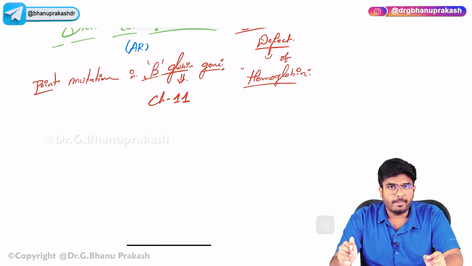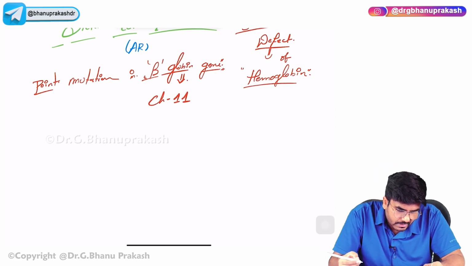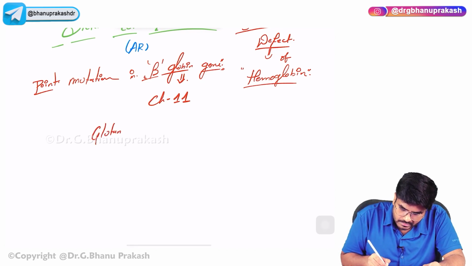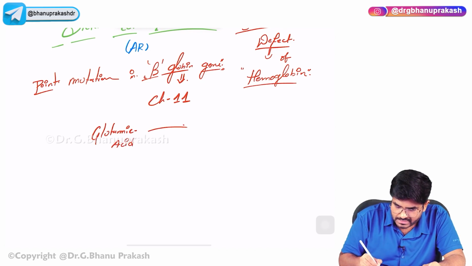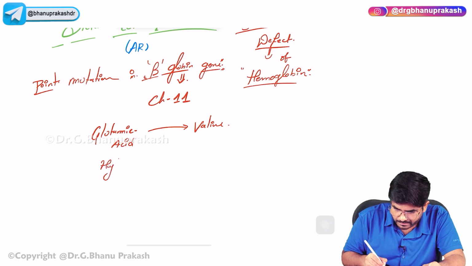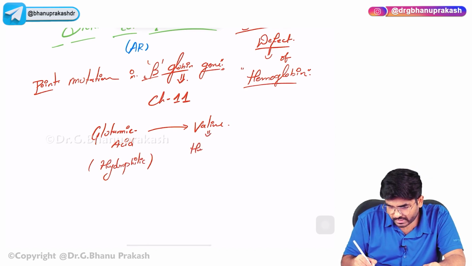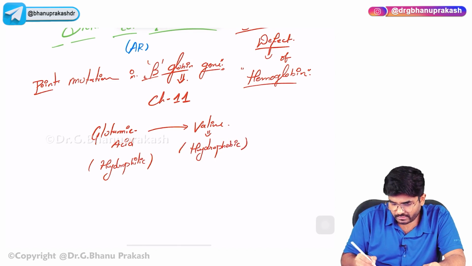Because of this point mutation, the hydrophilic glutamic acid is replaced by hydrophobic valine.